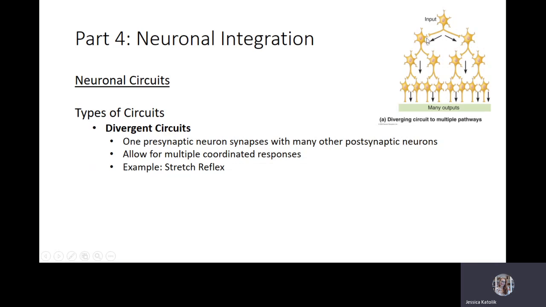And so rather than just synapsing to a single neuron like we saw in the reflex arcs, we see it branching and connecting to multiple neurons. Because of this branching ability, we can stimulate multiple effector organs in response to a single stimulus and create a much more complex coordinated response.